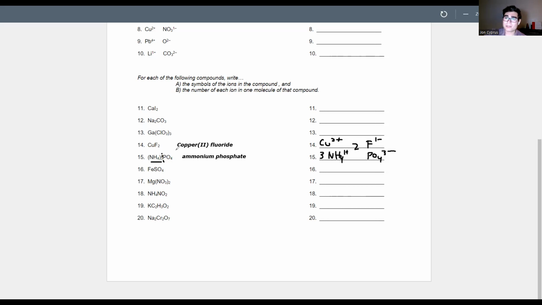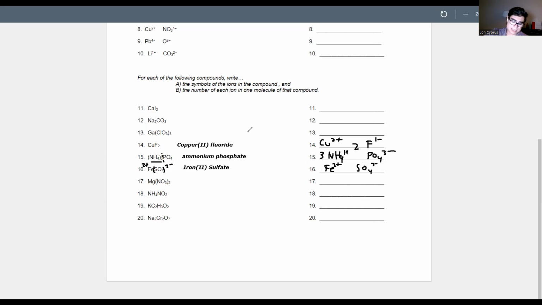So SO4 has a 2- charge. Therefore, iron has to have a 2+ charge. So this is going to be iron 2 sulfate. I have 1 iron up here, and then I have 1 SO4.